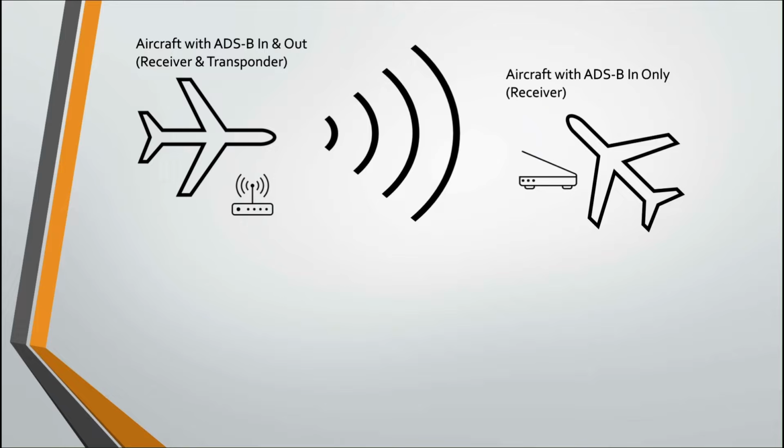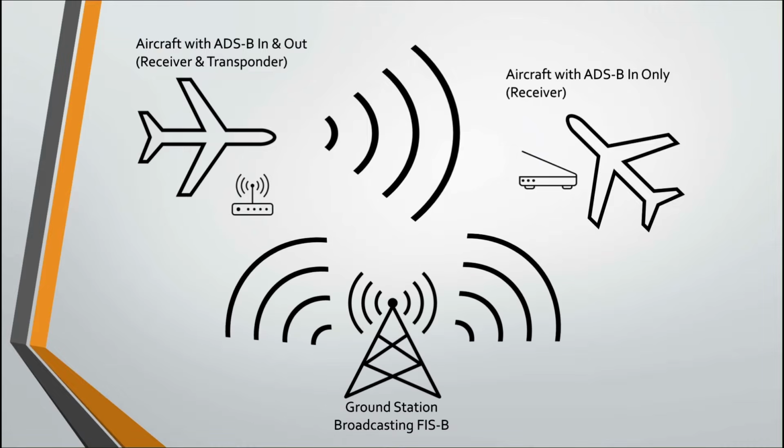It broadcasts data, or traffic TIS-B data, to another aircraft with an ADS-B In only, or just the receiver portion. Notice how the aircraft with ADS-B In only is not broadcasting its data. Finally, there's the ground station, which is broadcasting FIS-B data to both, since they both have ADS-B In receivers.